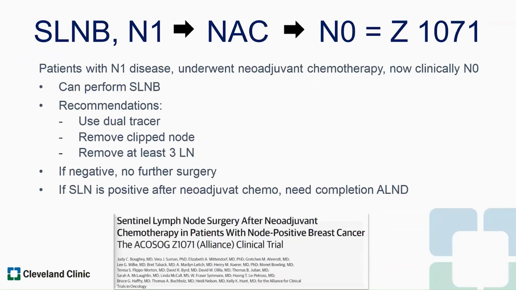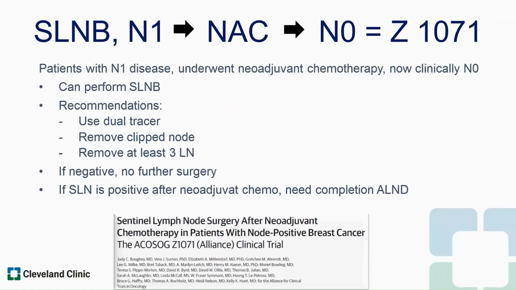But after neoadjuvant chemotherapy, they go back, they get their imaging, mammogram, MRI, ultrasound, and it looks like they have what's called a pathologic complete response, meaning that there's no residual abnormal lymph nodes, and so they clinically appear to be N0. They're candidates for sentinel lymph node biopsy.